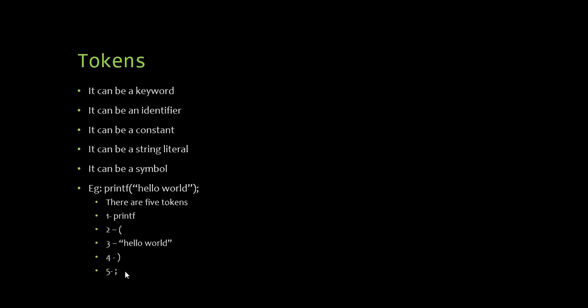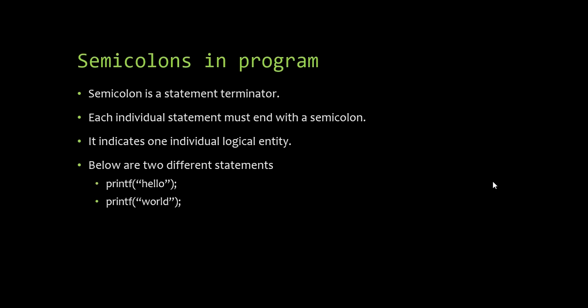So in this way, in your program, if you have a lot of statements, then each statement can contain a lot of tokens. So what is the use of the semicolon in a program? It is called the statement terminator. Wherever we put the semicolon, it means that statement has ended. It is also used to denote the individual statement, and each individual statement must end with the semicolon.